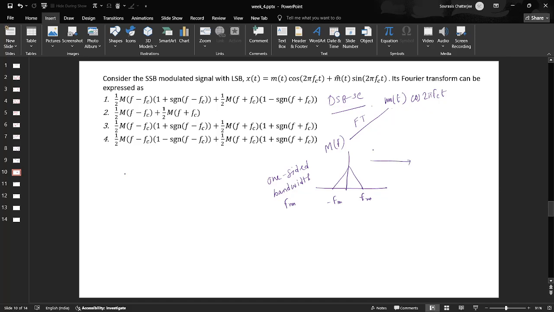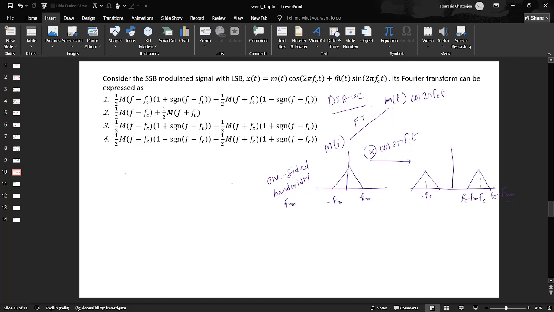This multiplication with cos 2 pi fc t results in this here. You have now basically the baseband shifted to fc. This is fc minus fm, this is fc plus fm. I am not repeating it on this side here.